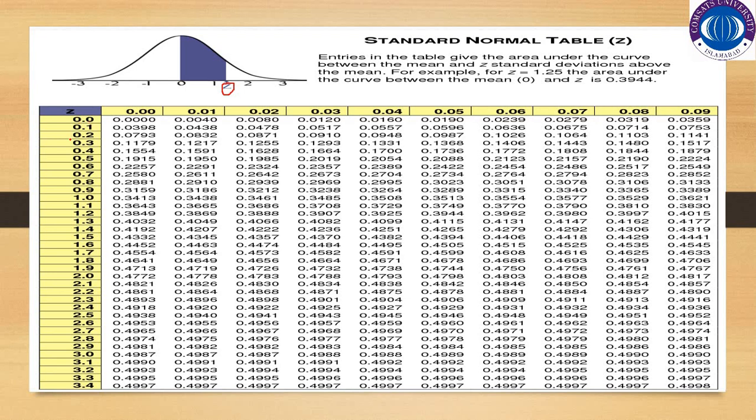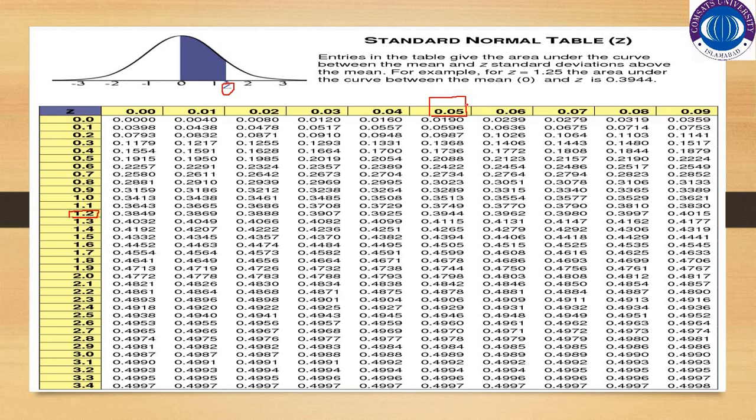This is 0.0. Here we will have 1.2, but you have to find the probability between the mean and the point 1.25. So this is 1.2, and you will search for the 0.005 in the first row. This is the random variable z, and all these values are representing this random variable. This one is 1.2 and this one is 5, so 1.25.